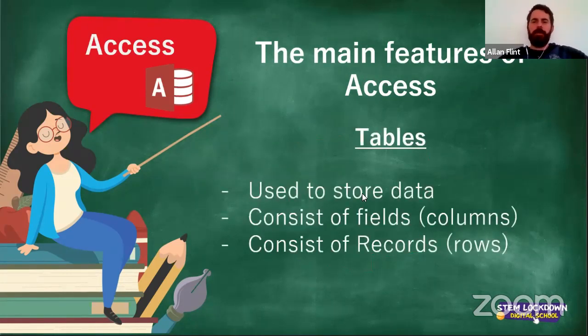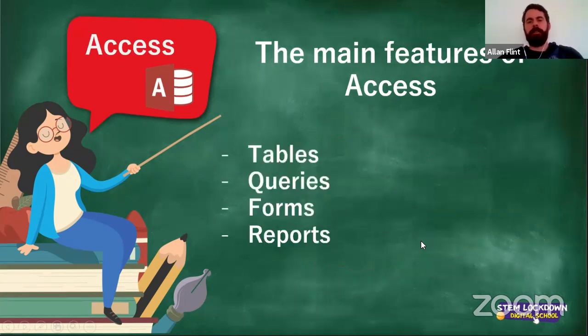A table. I showed you a picture of a table earlier, and I hope you grasp that entire block that I had in front of me was a table. A table is used to store data, and it consists of fields, which are also known as columns, and they also consist of records. A record can also be referred to as a row.